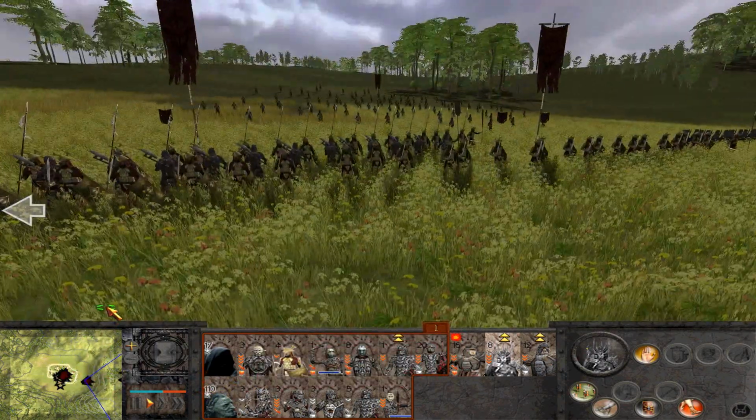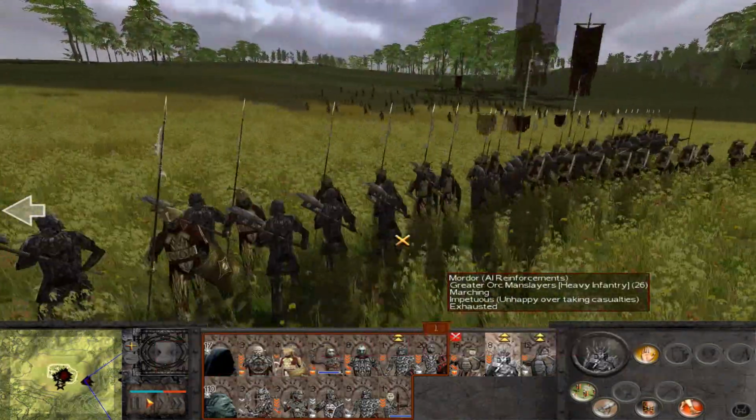Allies starting to close in on the city. There are not that many.